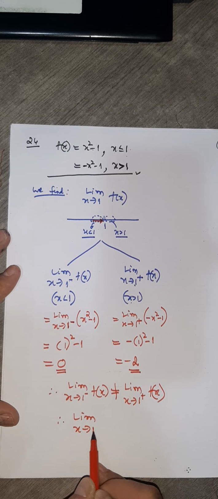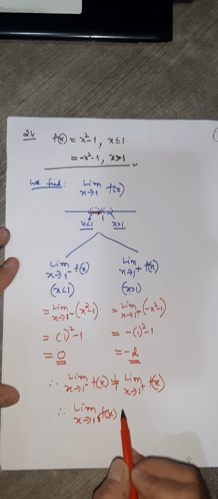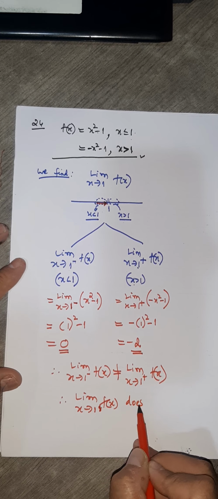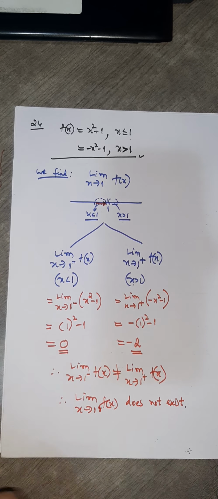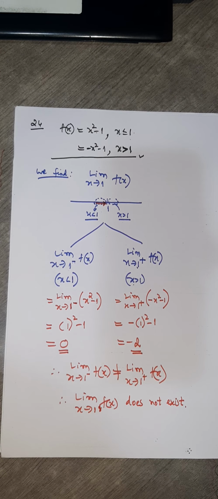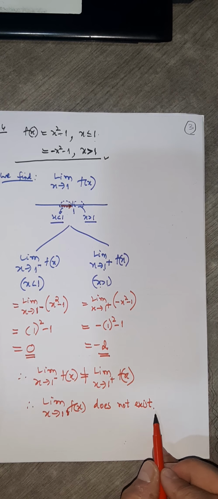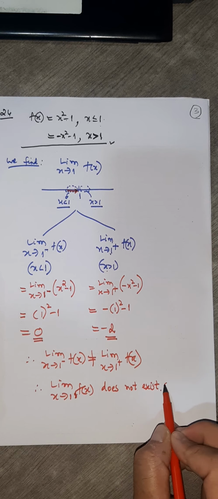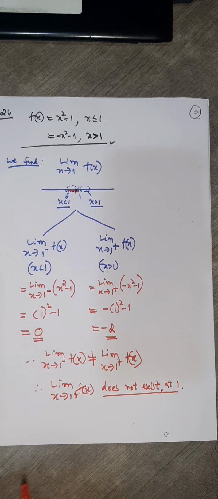This limit, now you don't need to write plus or minus, the limit of the function doesn't exist. You know, right? Which was already explained by an example. The limit from left and the limit from right are different. Therefore, the limit of the function here does not exist. At where? At 1, remember. If you want, you can just write at 1. At 1, the limit of the function doesn't exist.